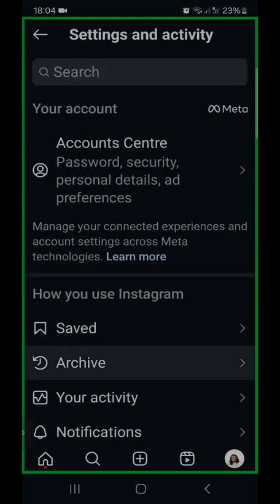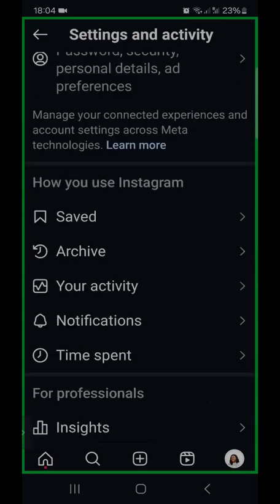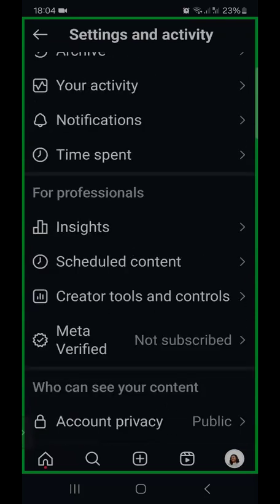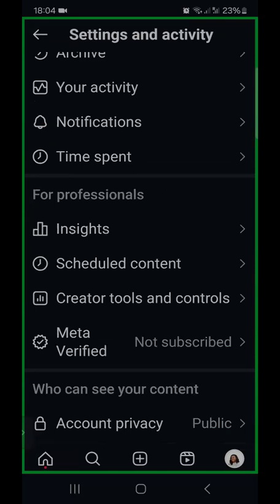So if you click on the settings, that's the three accordion lines, and then if I scroll up, because I already have a professional account, that's either a business or a creator account. That's why I can see for professionals. Now, if your account is still a personal account, you will not be able to see your insights.